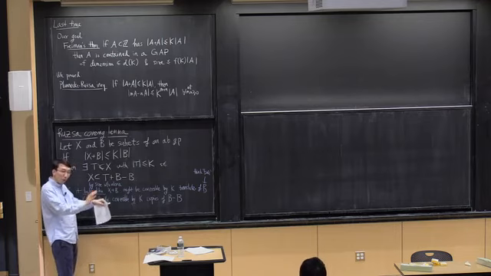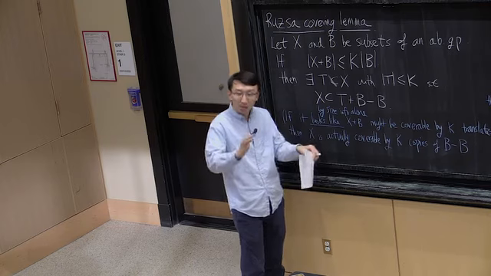If B were an actual ball in Euclidean space, then B minus B is the same ball with twice the radius.